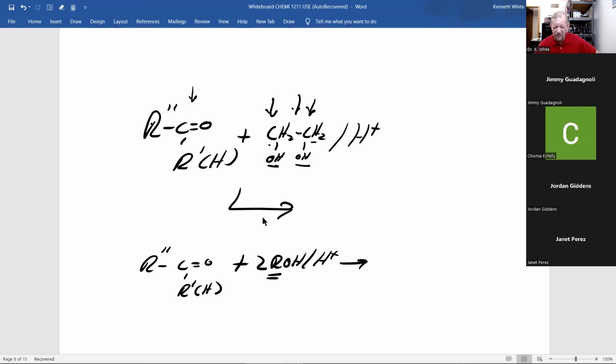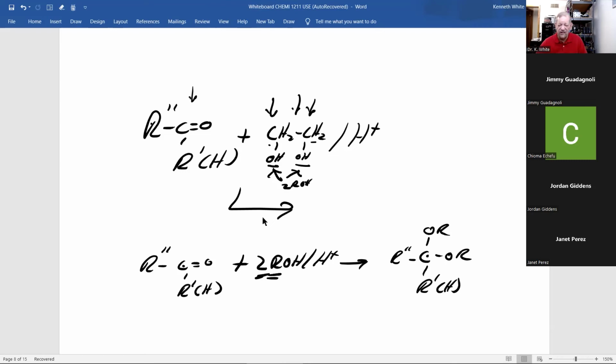And what do you get? Well, keep your eye on the carbonyl carbon. What's attached to that carbon is still there. Remember, this has two alcohols, and you have OR, OR.